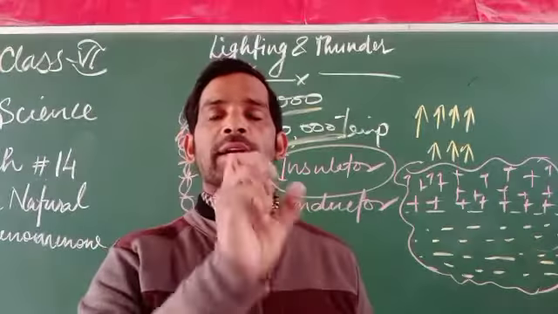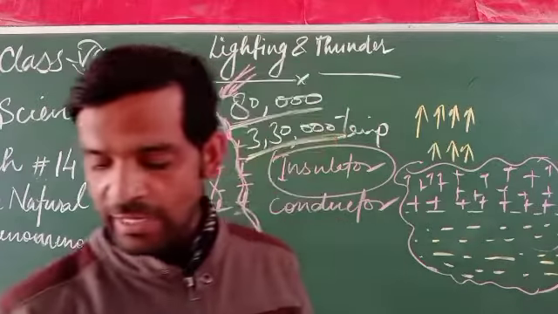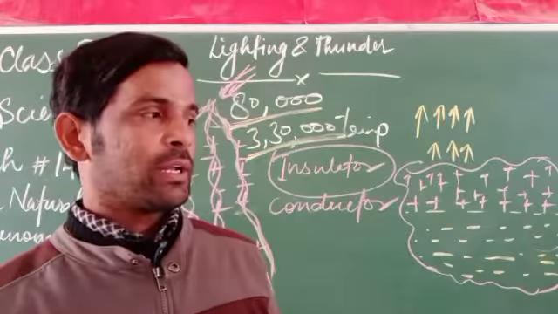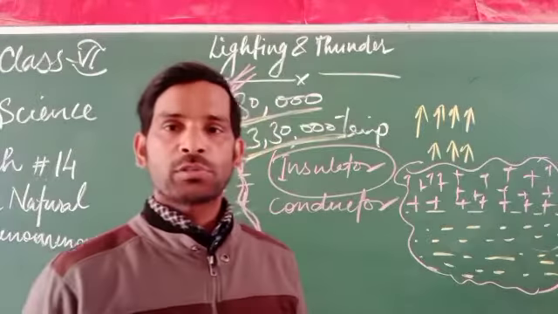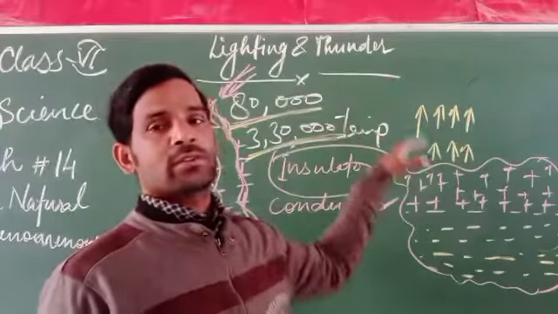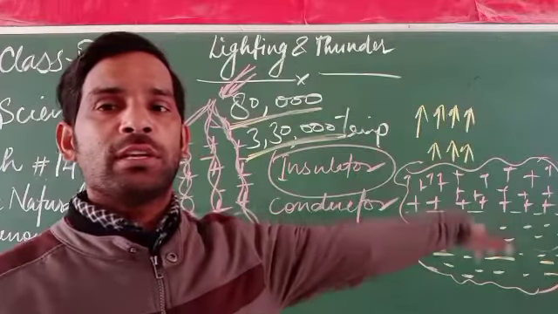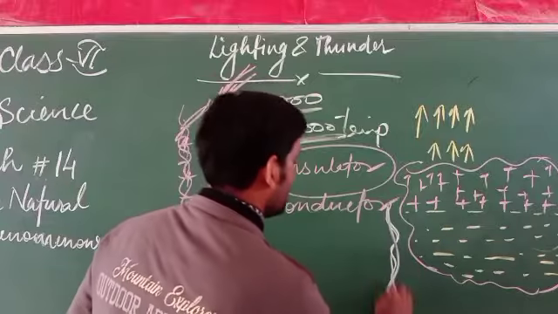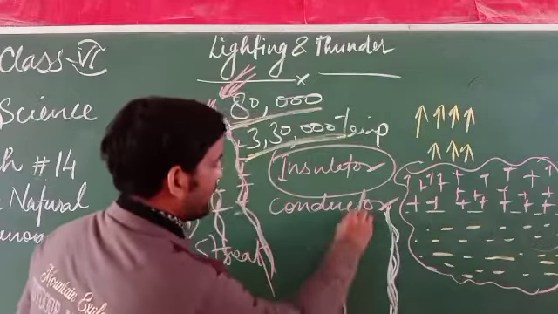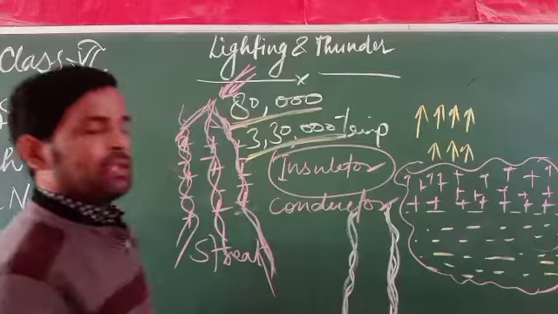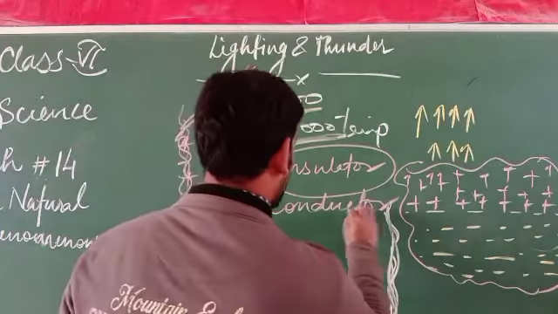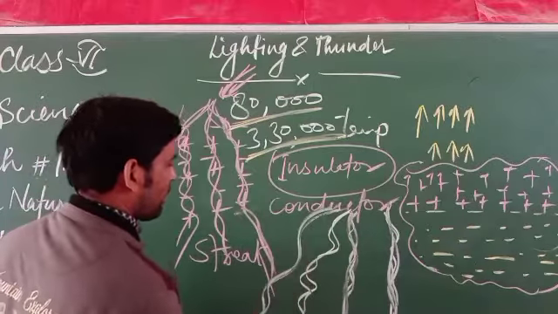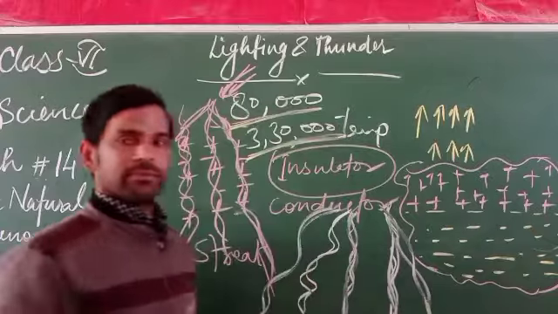Now these charges can flow or strike from one cloud to another cloud, or from the clouds to the ground, by means of the air flowing in it. So that air, that wind, which is already charged or has reached a very high temperature, has a charge transfer taking place in the form of a strike, and that is called lightning.